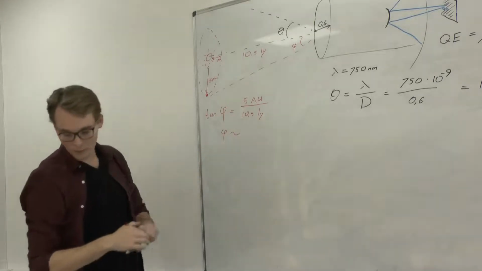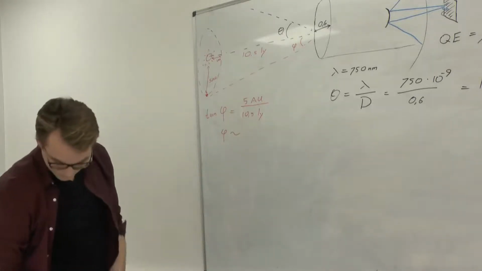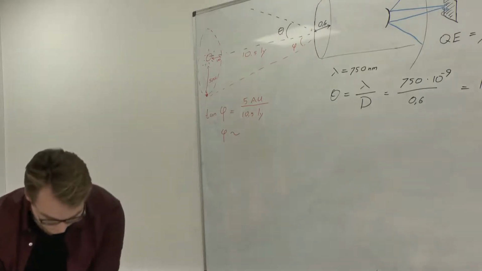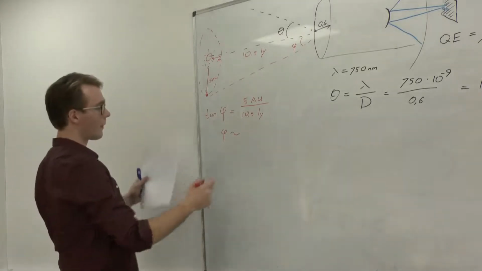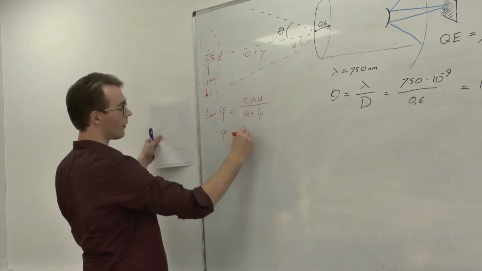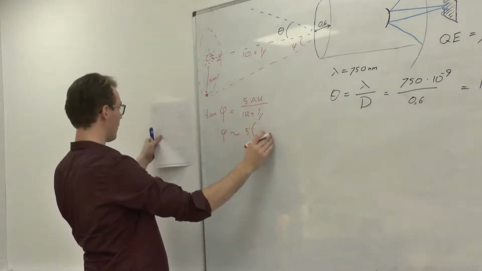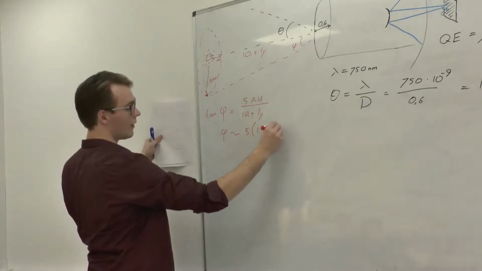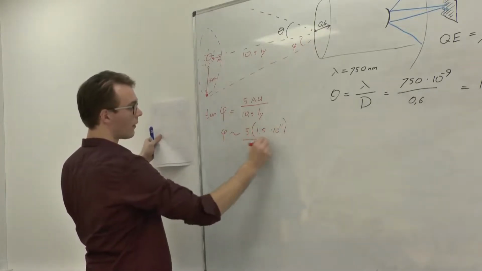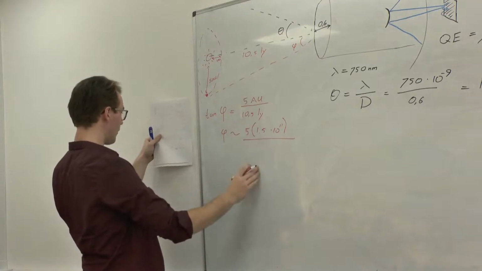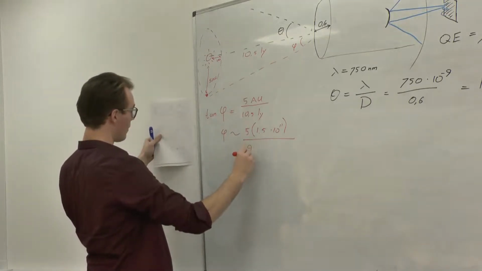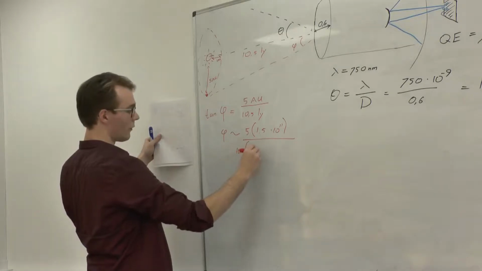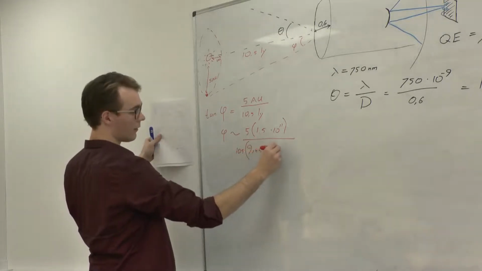The only thing that you now need to do to calculate this is insert these numbers in here. 5 astronomical units in meters is 5 times 1.5 times 10 to the 11th meters. And 10.5 light years is going to be 10.5 times 9.45 times 10 to the 15th meters.